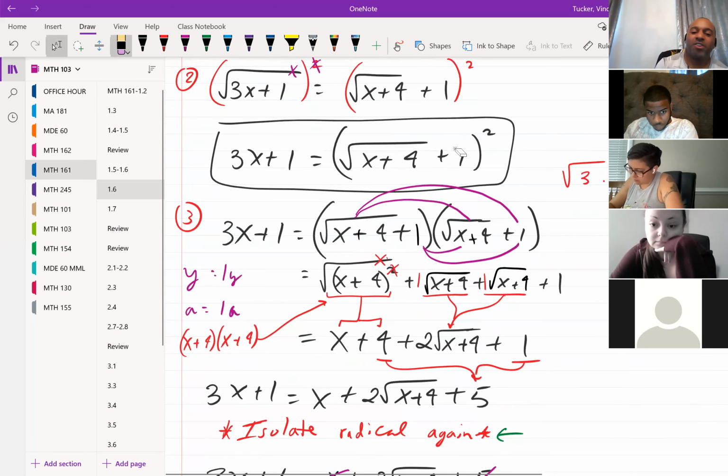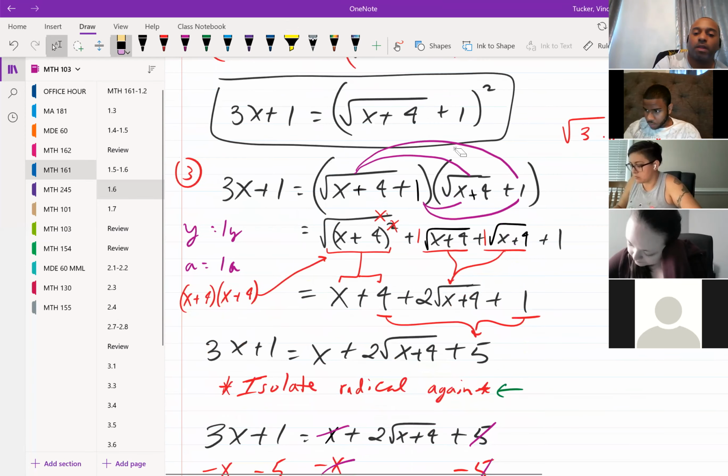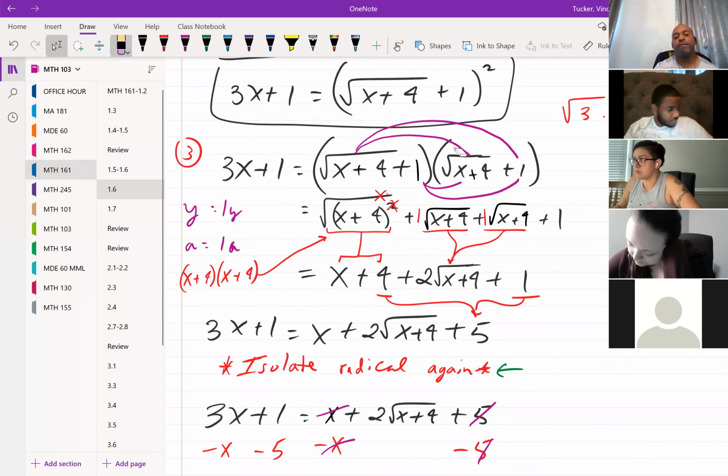So we need to isolate the radical again. We have another radical still existing in our problem, so we need to isolate that. So I will subtract 5 and subtract x from both sides.